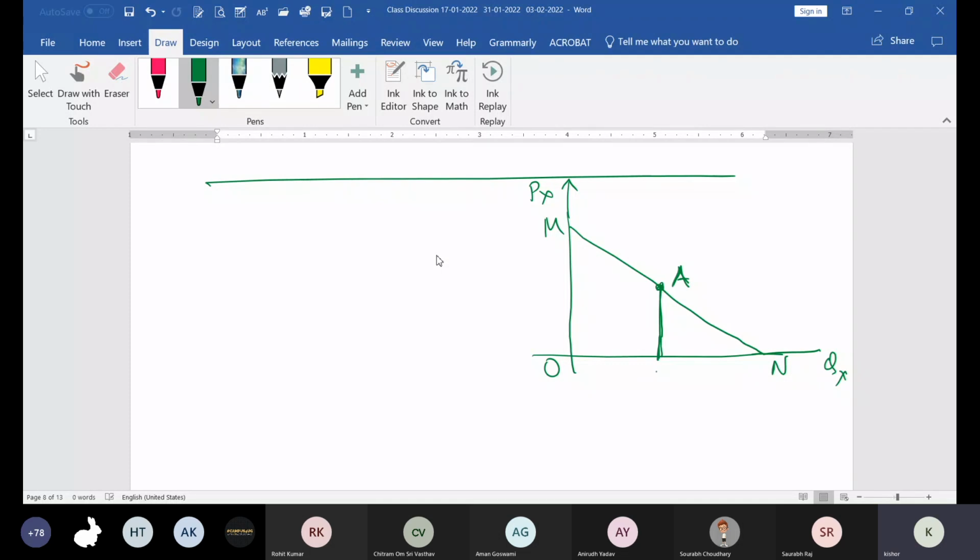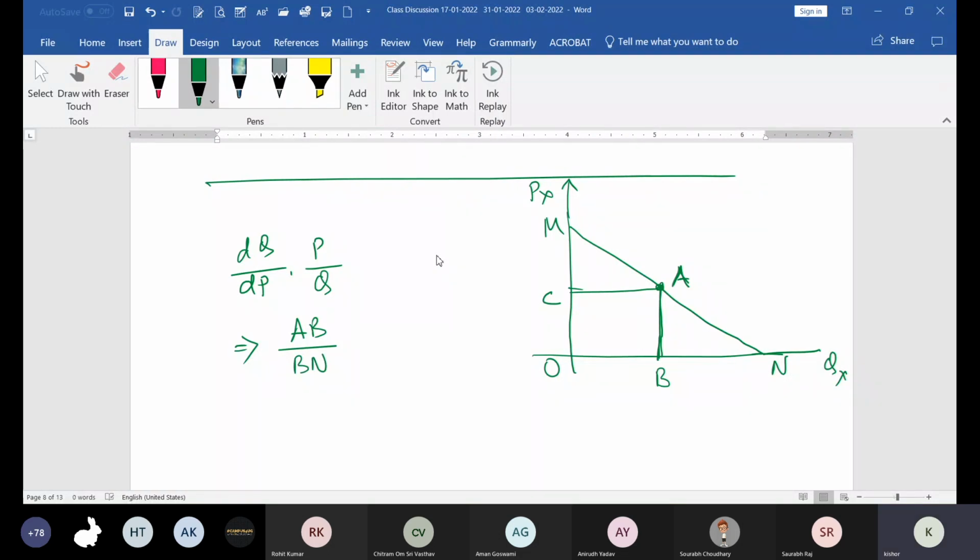Suppose this is B, and here suppose it is C. So at point A, elasticity is dq by dp into p by q. In this case, at point A, elasticity will be AB divided by BN.